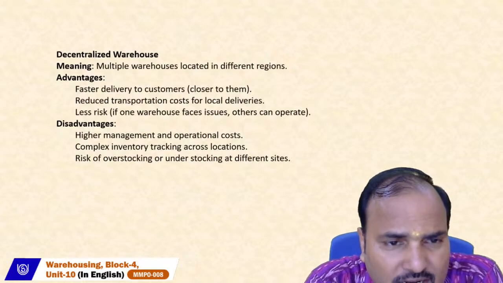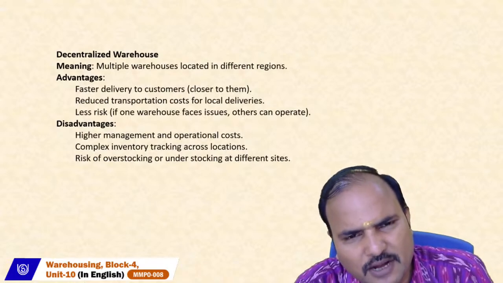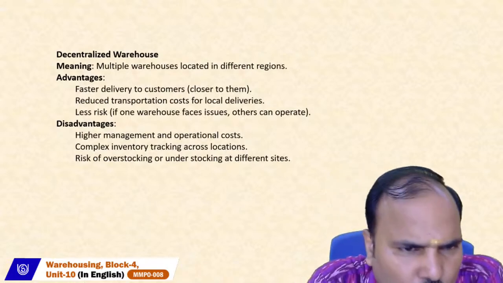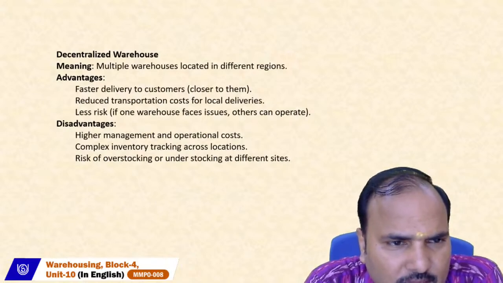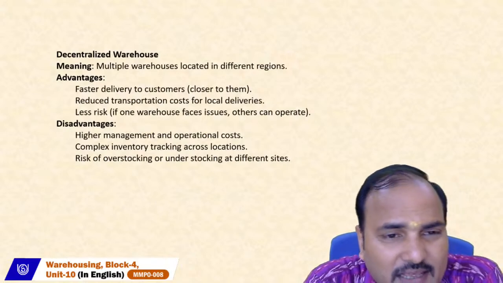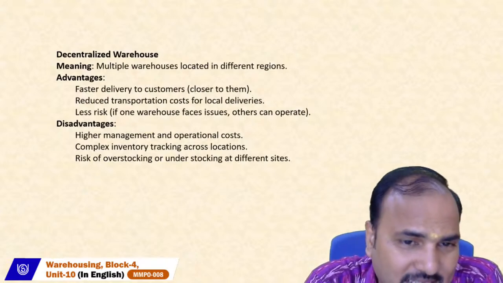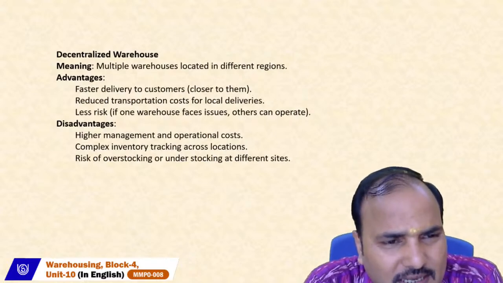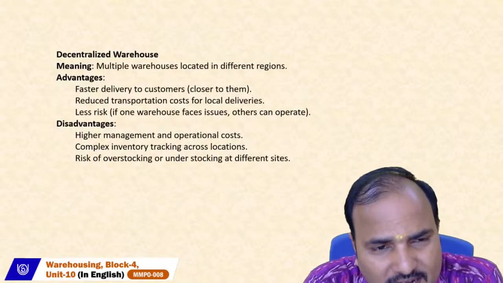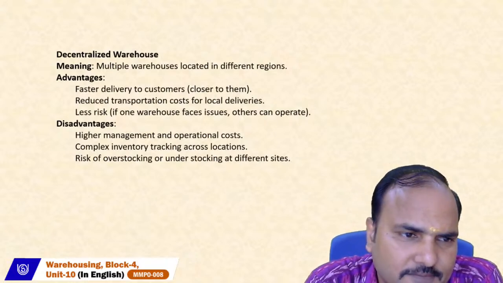It also reduces the transportation cost for local deliveries because they are situated in different local spaces. The risk is also less. If one warehouse faces issues, others can operate, so the risk in comparison to a centralized warehouse is a little bit less.